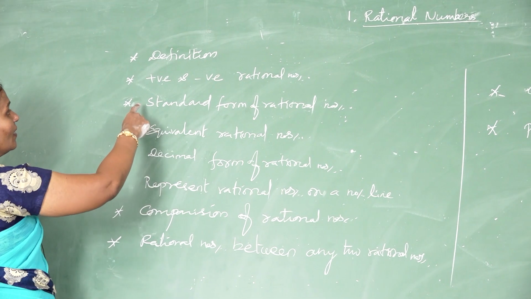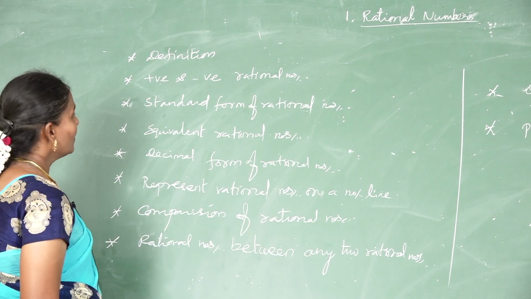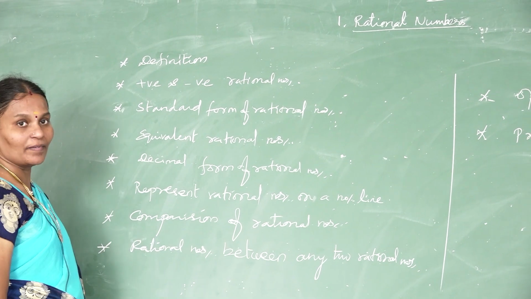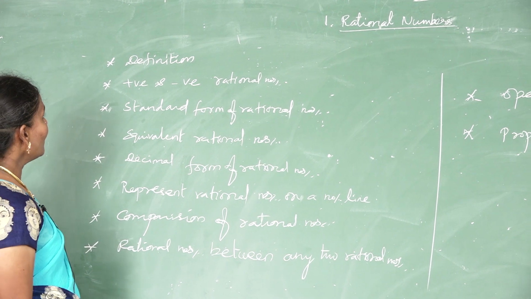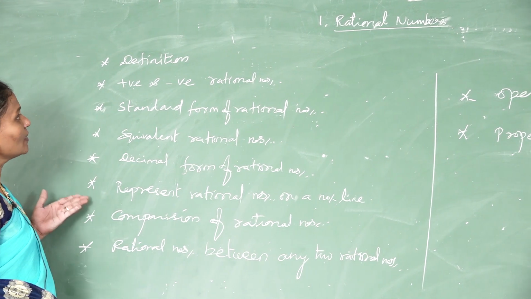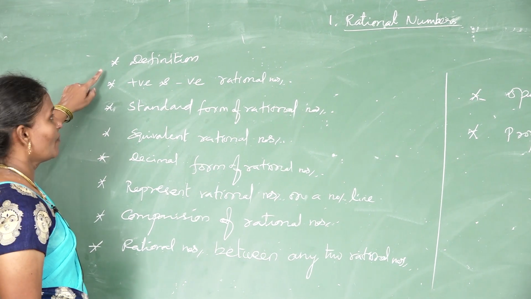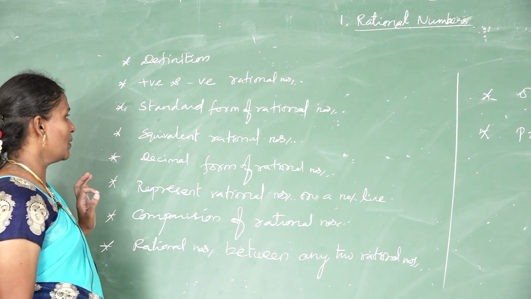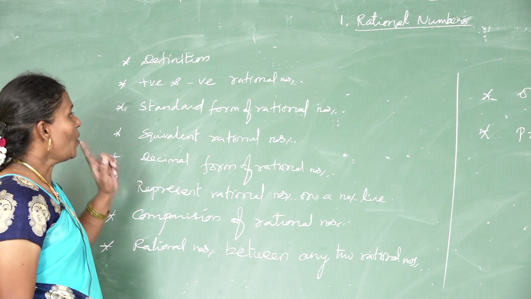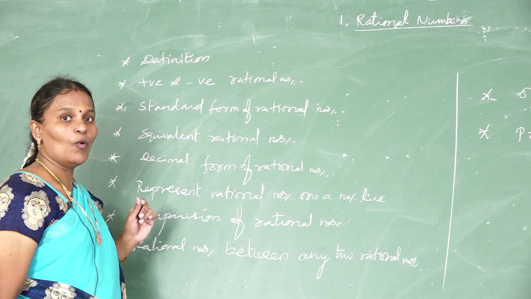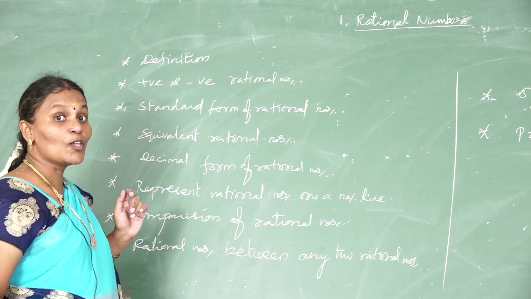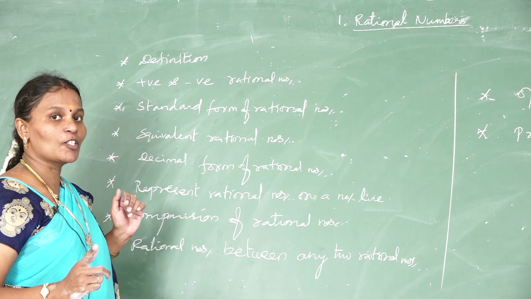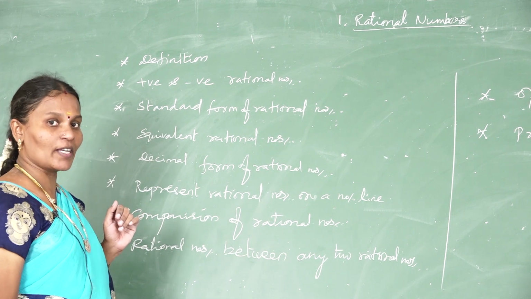Children, you see, these headings we have completed. So what are the headings we saw in this class? Definition of rational number, positive and negative rational numbers. What about 0? 0 is neither a positive nor a negative rational number.